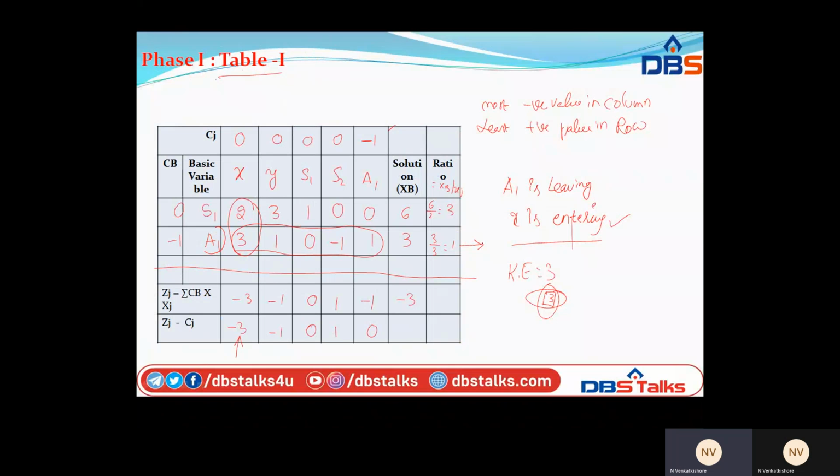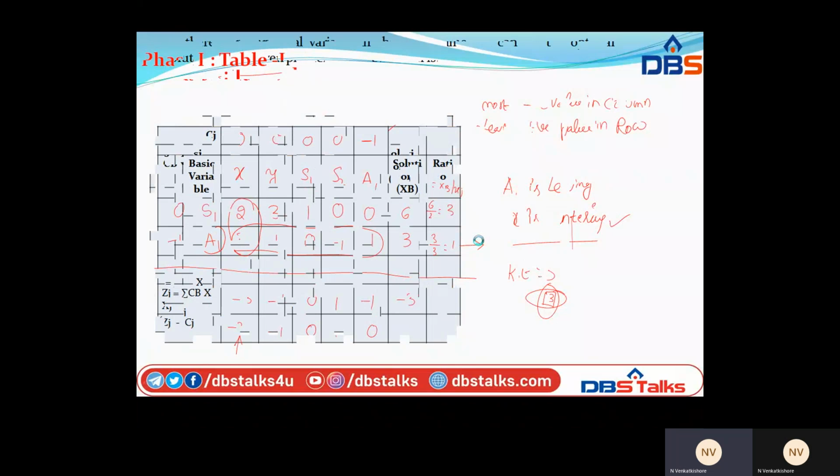Then only will our problem have an optimal solution. So in the first table itself, the artificial variable was left out. So there is no need to fight for the artificial variable to be removed.